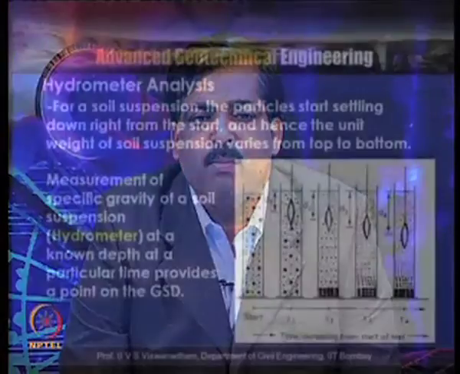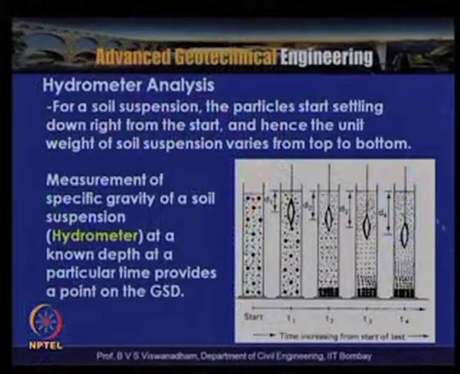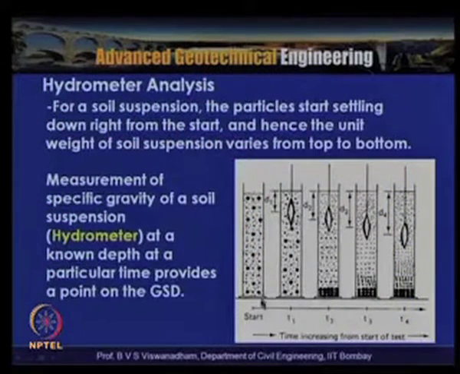For a soil suspension, the particles start settling right from the start, hence the unit weight of the soil suspension changes from time to time. Here in this slide, as it can be seen, this is at the commencement of the test, and once the hydrometer is placed, the specific gravity of the suspension is measured.